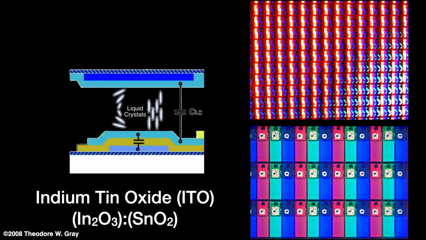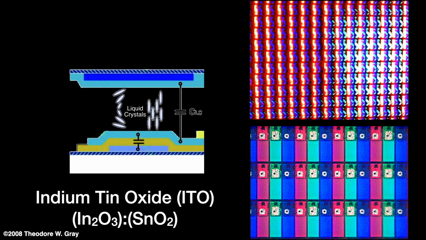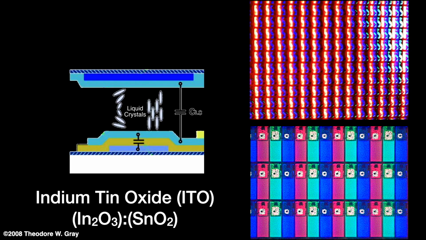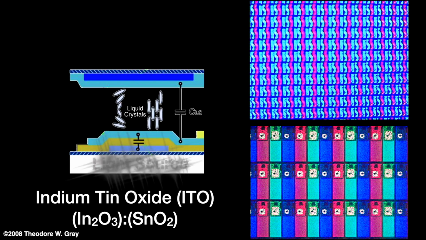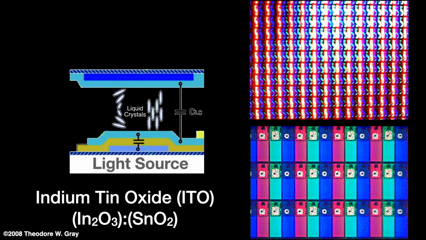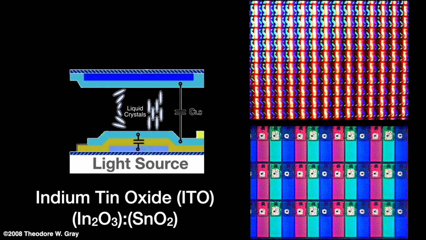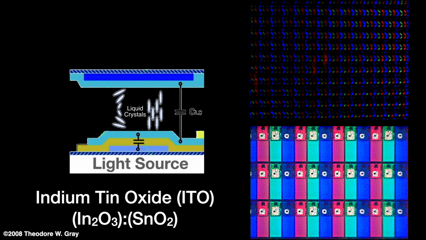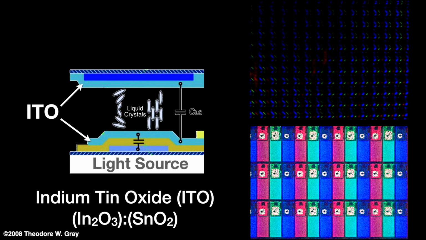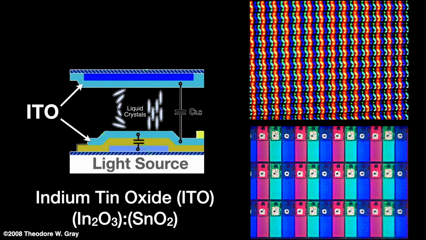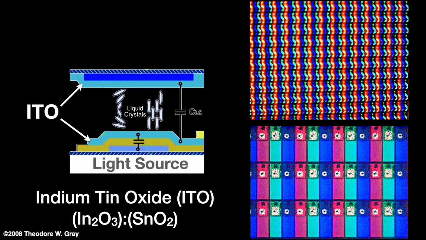Electrical current must flow between the light blue electrodes in front and behind the liquid crystals. The liquid crystals can switch between transparent and opaque when placed between the transparent ITO electrodes. Light from the light source on the back side of the panel must pass through the ITO electrodes and the liquid crystals.